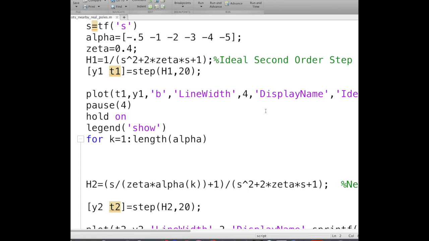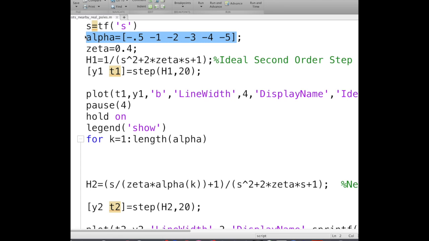Okay, here's the Matlab calculations and simulations that we're running. I guess actually it's not really a simulation, it's a numerical solution to the step response. Once again, we start with defining a transfer function object, and now I'm going to give this various values of alpha.